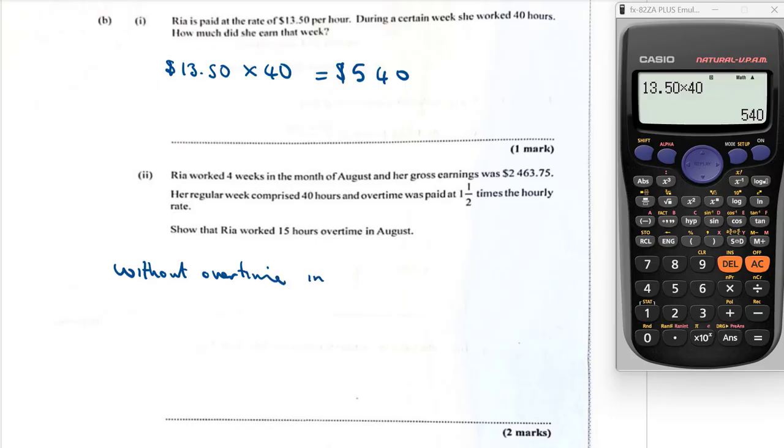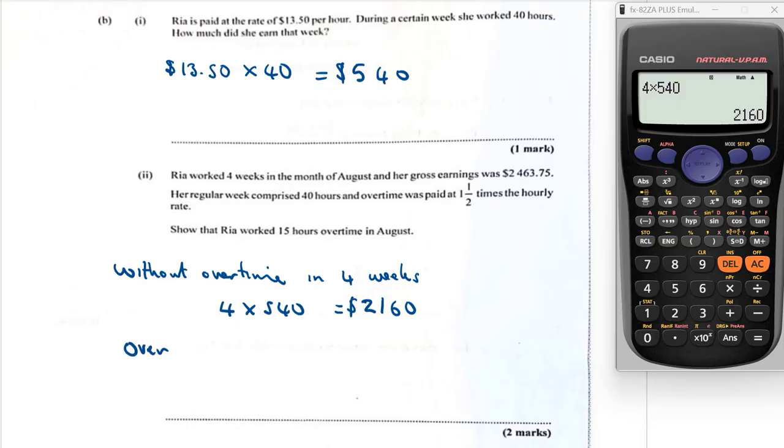In 4 weeks, she would have earned 4 times 540. Entering our calculator, 4 times 540 gives me $2,160. Right? So that is what she would have earned without overtime. So let's find the total amount of money she earned in overtime.